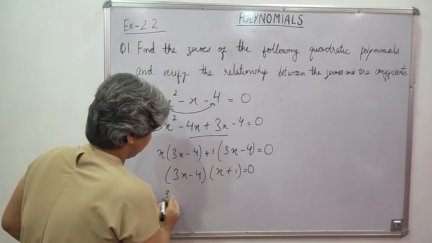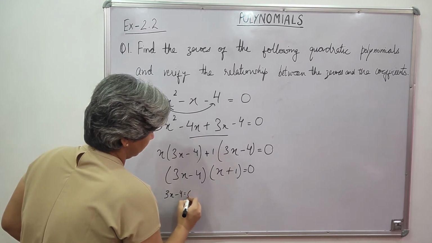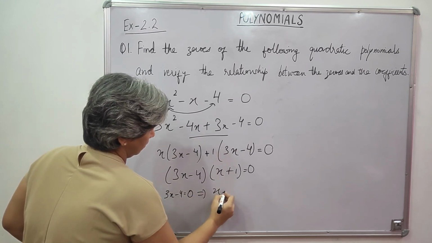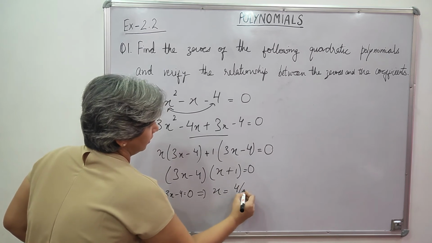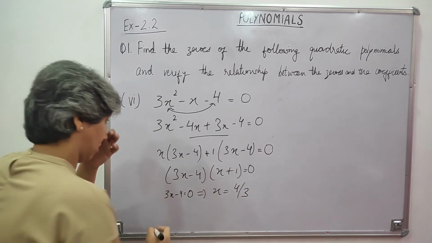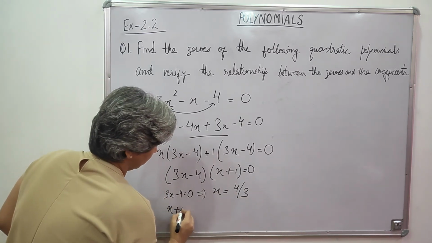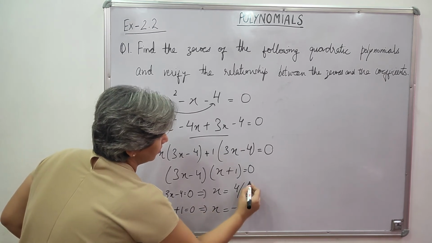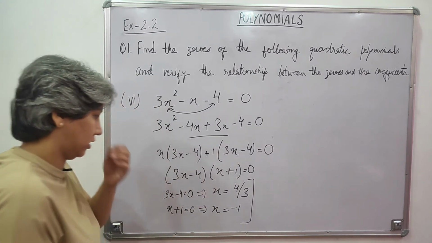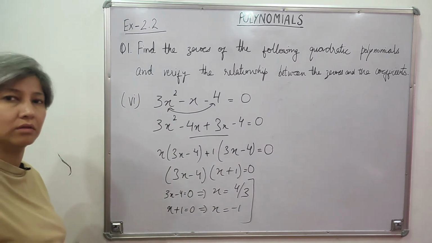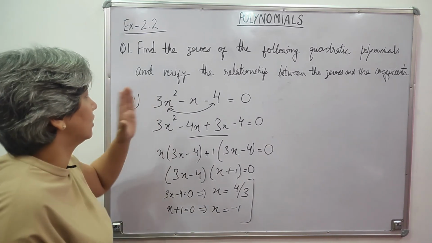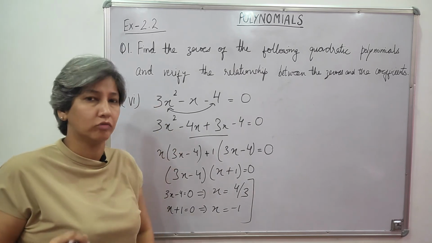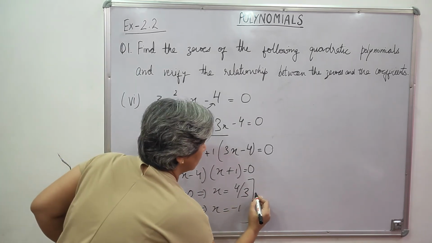And which gives me 3x minus 4 equal to 0, which will be 4 by 3, right? Or x plus 1 if equal to 0, it will be x equal to minus 1. So these are my zeros for the polynomial 3x square minus x minus 4, right?